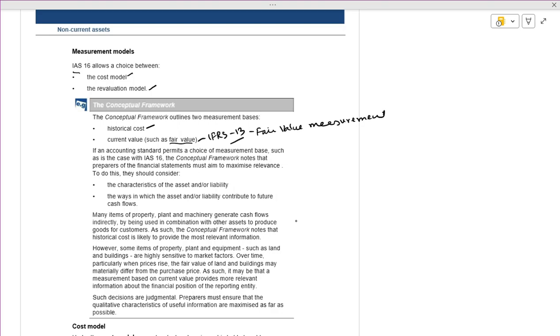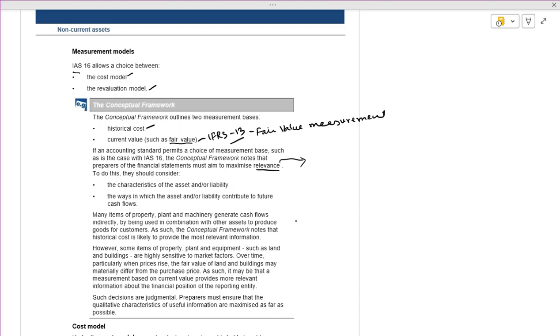They say that the choice of measures, such as in the case of IAS 16, the conceptual framework notes that preparers of financial statements must aim to maximize the relevance. As a student, we'll say that qualitative characteristics we don't give that much importance, but make it a point.